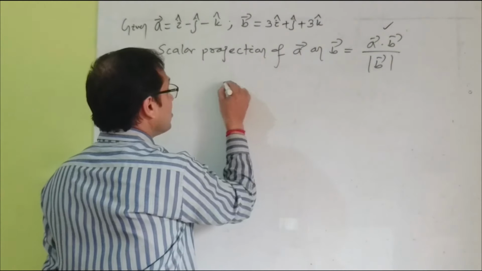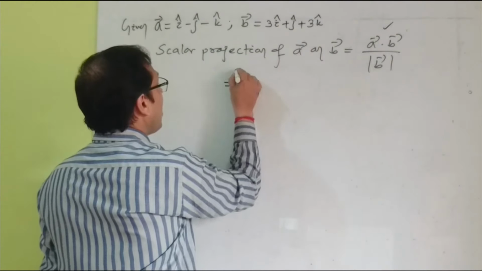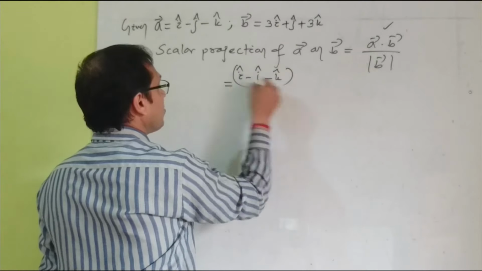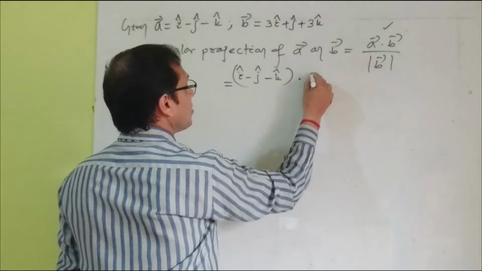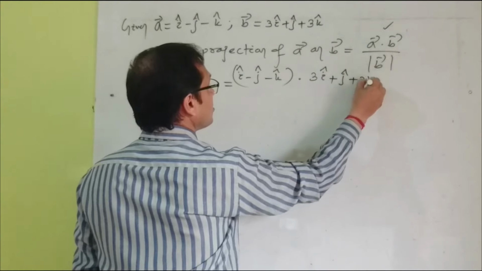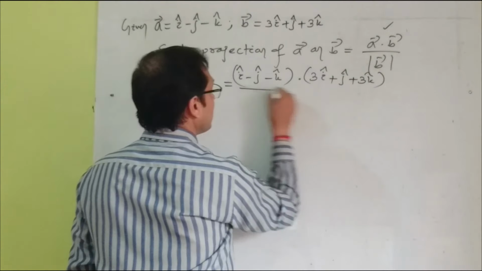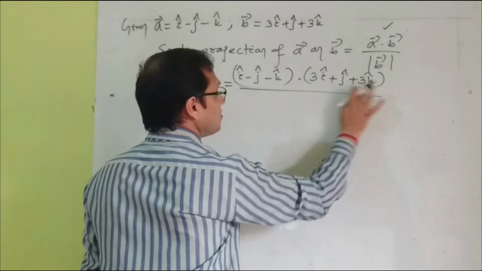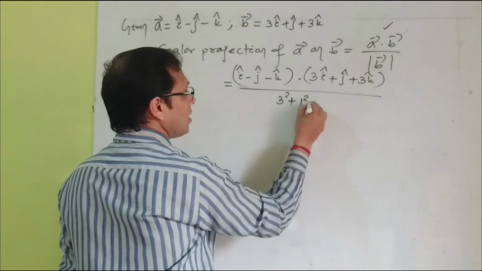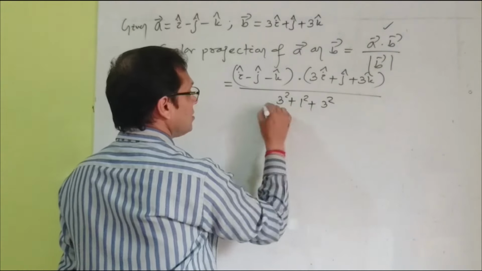So this is nothing but i cap minus j cap minus k cap dot B vector, which is 3i cap plus j cap plus 3k cap, divided by the magnitude of this, that is the square root of 3 square plus 1 square plus 3 square.